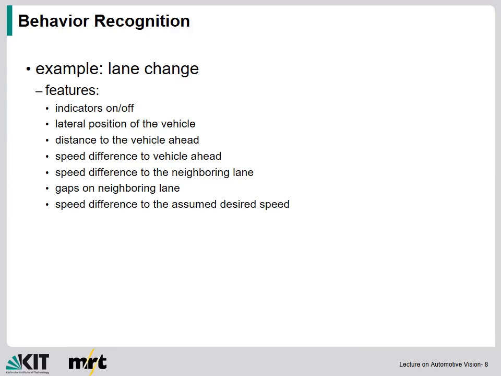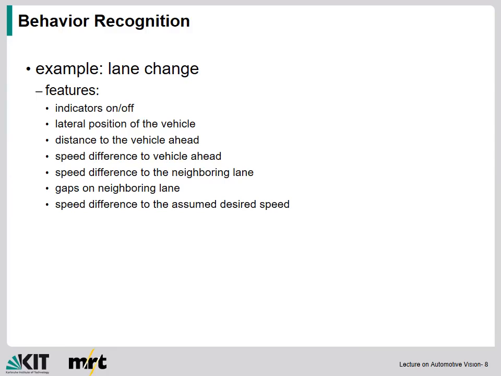And finally, we might also consider the speed difference to the assumed desired speed of the vehicle. Well, of course, we don't know the desired speed, but we can guess the desired speed, or at least from some features in the image we might get some ideas how the desired speed is. For instance, on a highway, by law, the speed of a lorry is limited to 80 km per hour, and therefore we can conclude that the lorry driver typically intends to drive with such a speed of roundabout 80 km per hour.